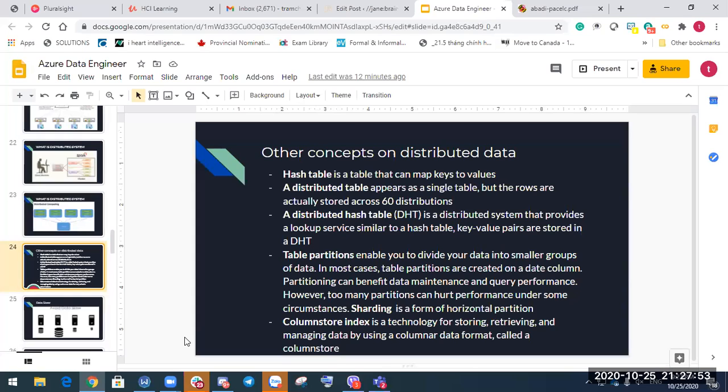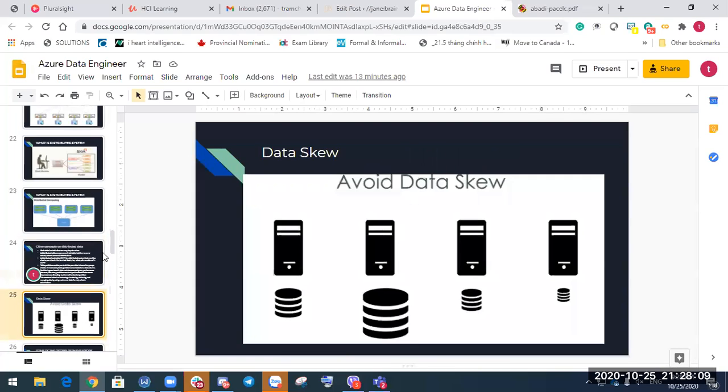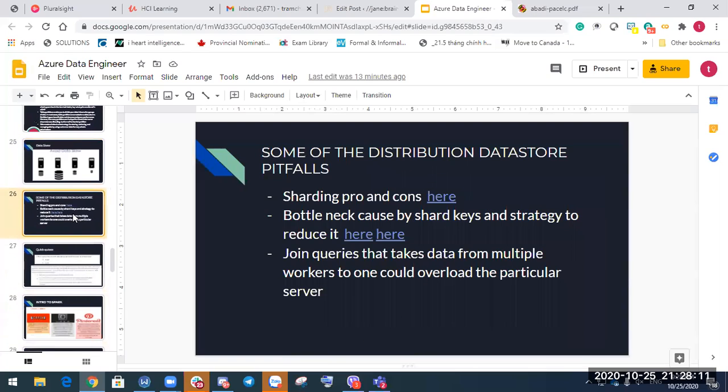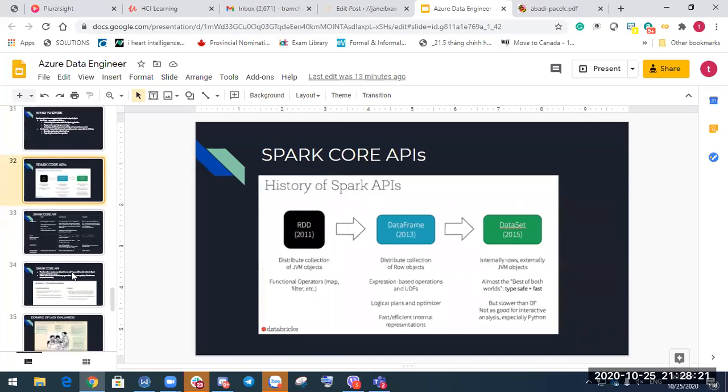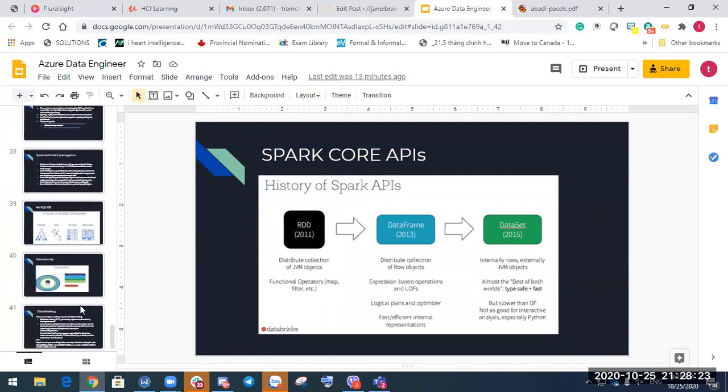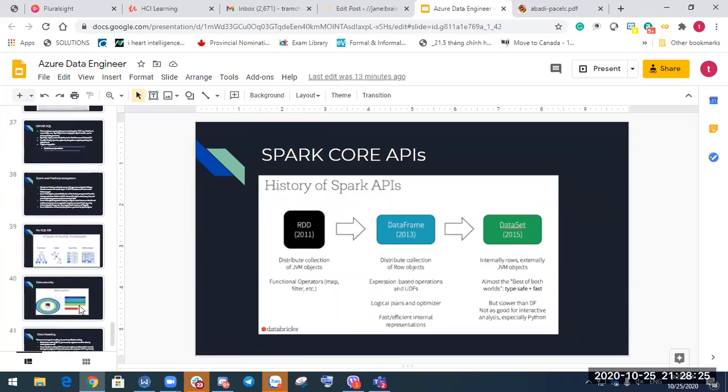A partition here doesn't mean there is a break in the network, it's just a way to divide data. Sharding is the horizontal way of partitioning. We'll go over each one so we can understand this. We also have some more concepts like data skew and some pitfalls of sharding. After that we have about 10 minutes to go over this, and then I will talk a little bit about NoSQL and also some security features.